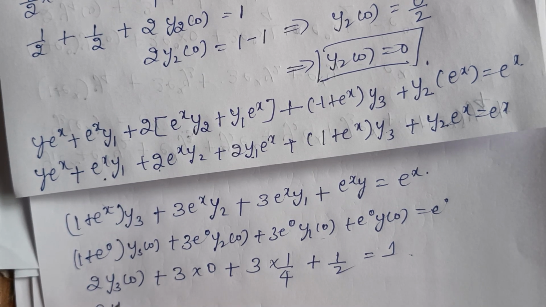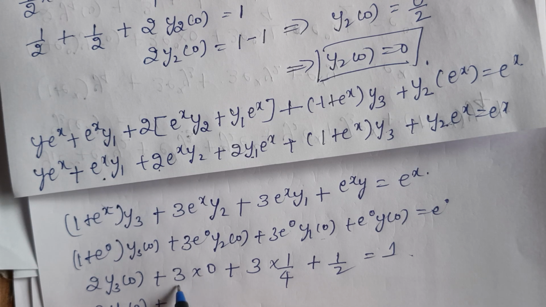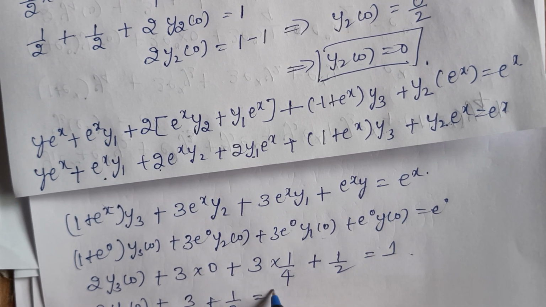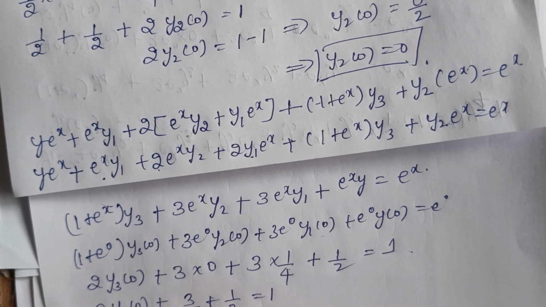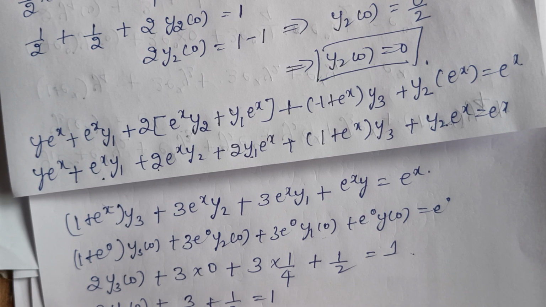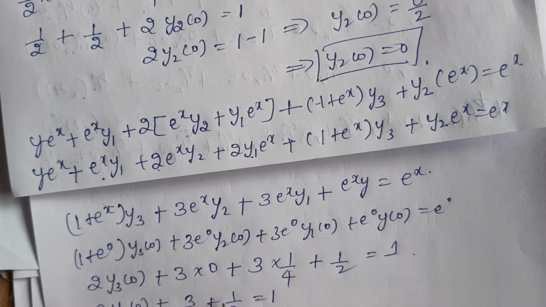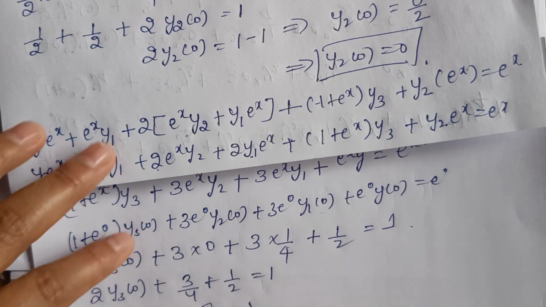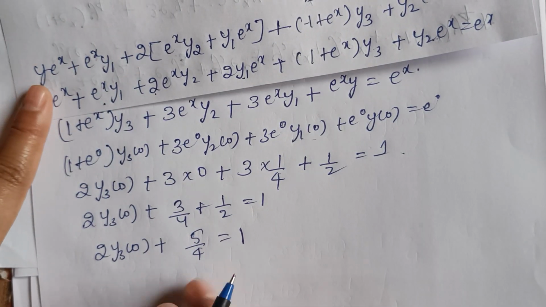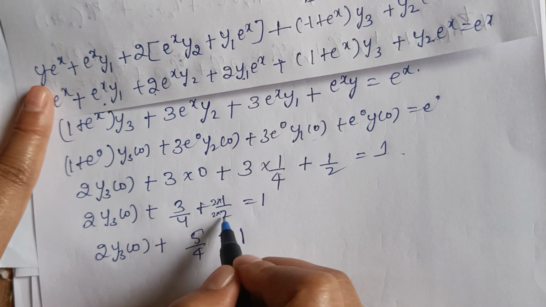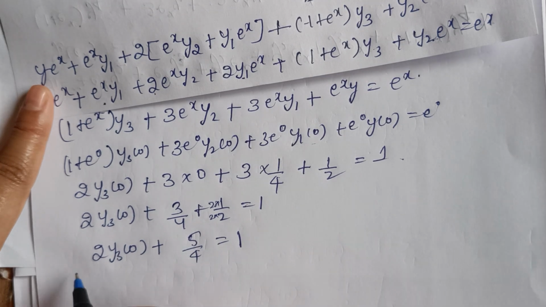Now 2y3 of 0 plus this becomes 0. This is 3 by 4 plus 1 by 2 is equal to 1. 2y3 of 0 plus this becomes 2. So 5 by 4 is equal to 1. I have just multiplied it and divided by 2 here, to make the LCM same.